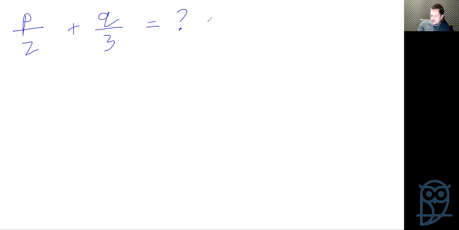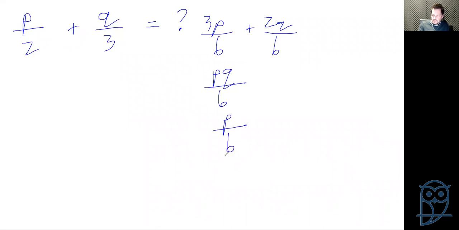So we have 3p over 6 plus 2q over 6, and that's as far as it goes because the letters aren't the same. We've got a pq over 6. We've got a p over 6. p over 6, I think, was the initial version. All right, so let's change color.